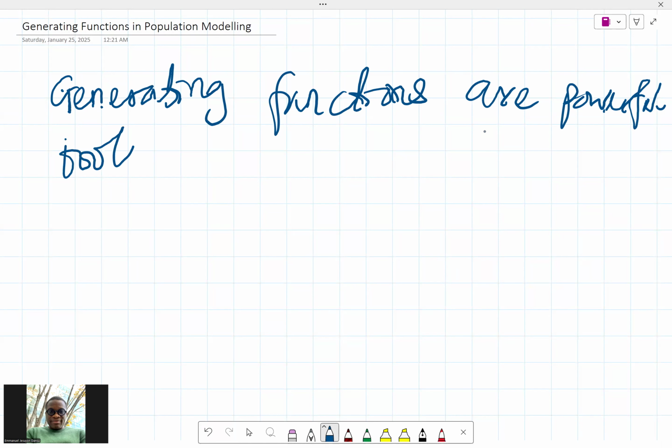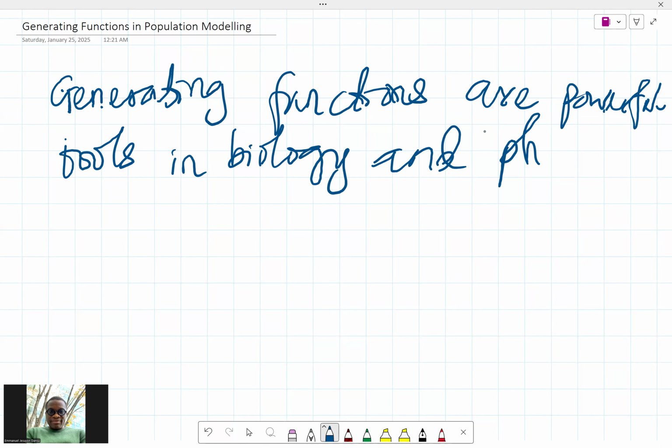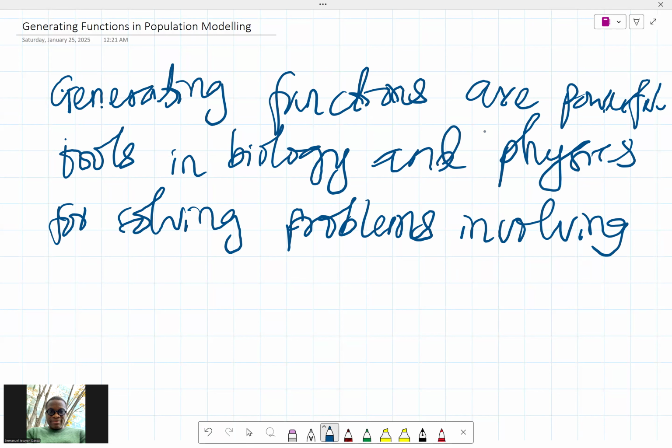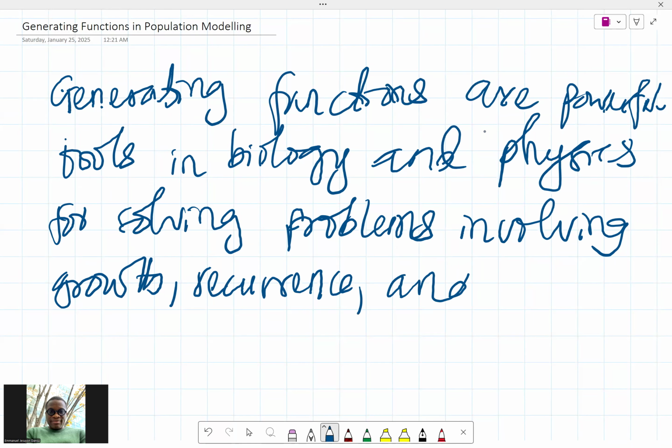They are powerful tools in biology and physics for solving problems involving growth, recurrence, and dynamic systems.